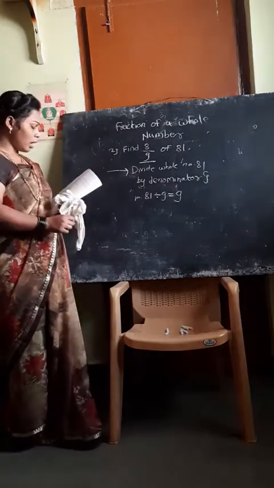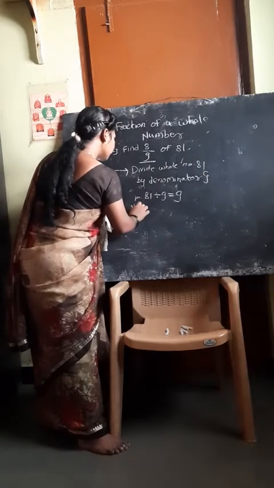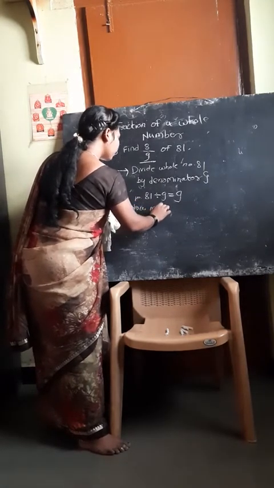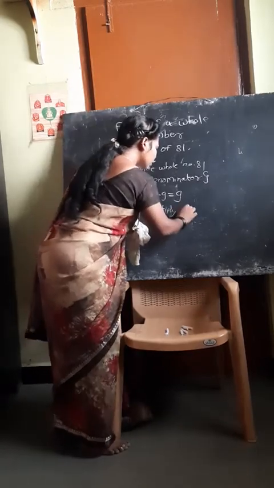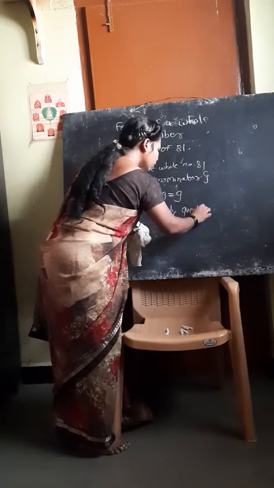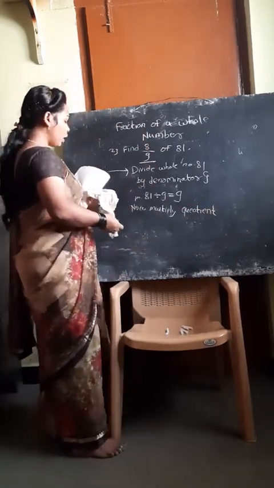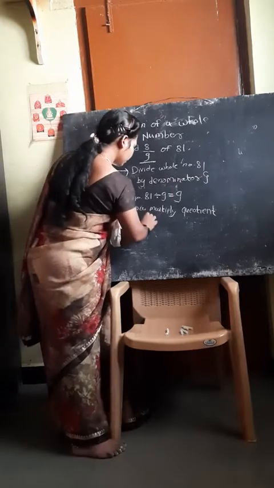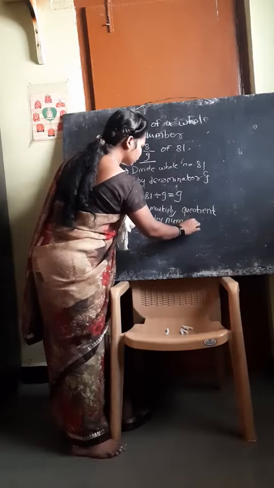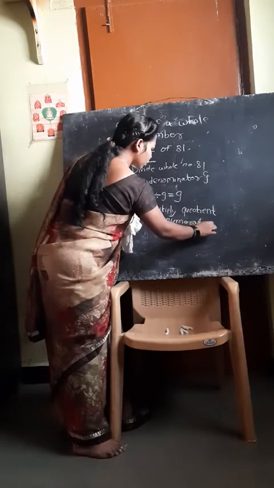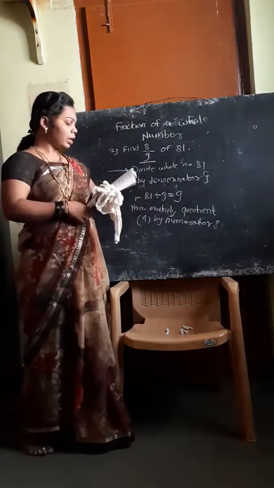The quotient is 9. The second step is now multiply the quotient 9 by the numerator 8.